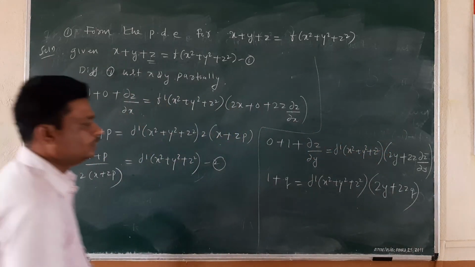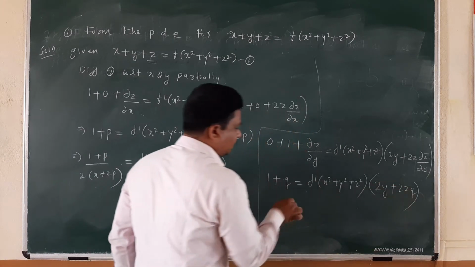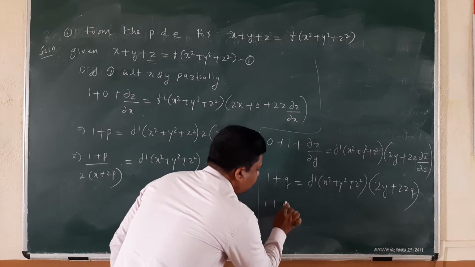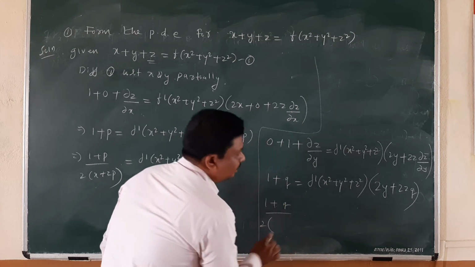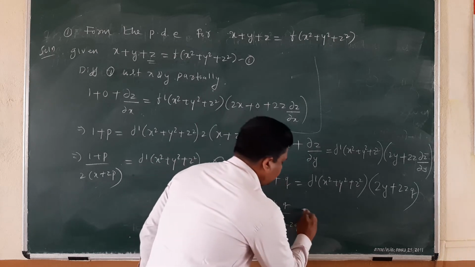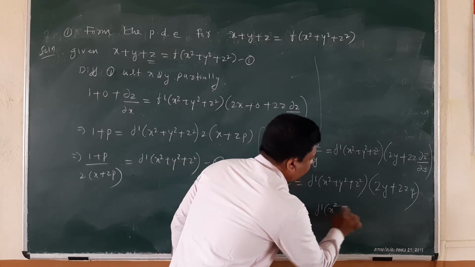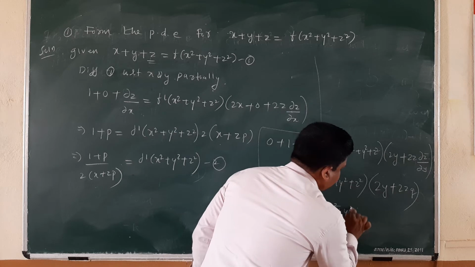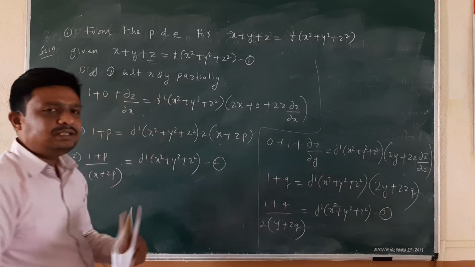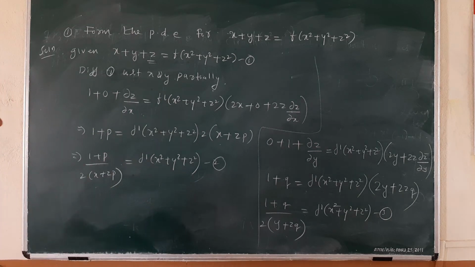So now I will take this one to LHS, and here I will take 2 common. So remaining is 1 plus q upon 2 into y plus z into q is equal to f dash of x square plus y square plus z square. So I will take this one as equation number 3.